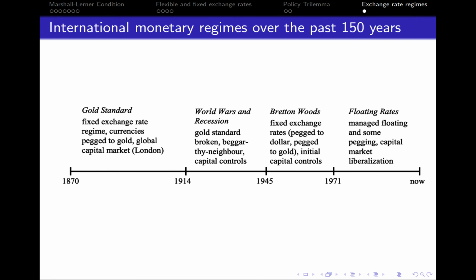Now, to avoid such a devastating shock to the monetary system, in Bretton Woods, in the United States, right after the Second World War, a new monetary system was designed.